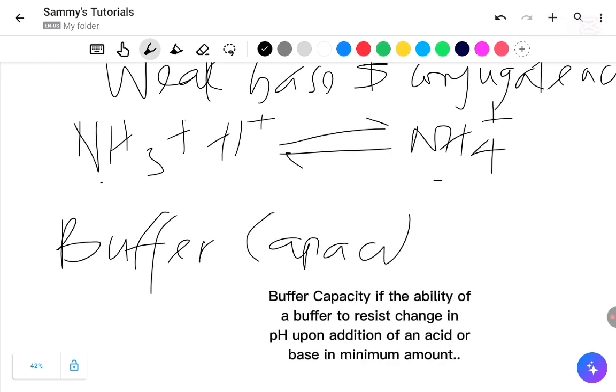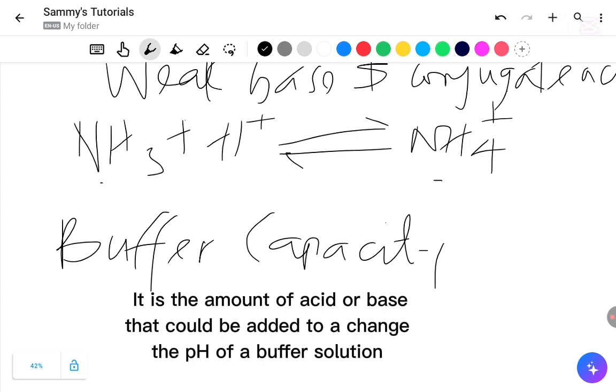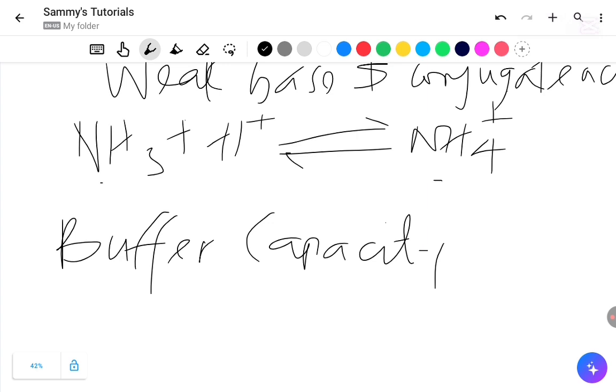Buffer capacity is the ability of a buffer to resist change upon addition of a base or an acid. It is the amount of acid or base that can be added to a particular buffer to change the pH. That's the buffer capacity actually.